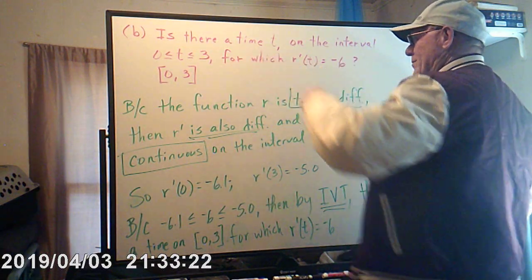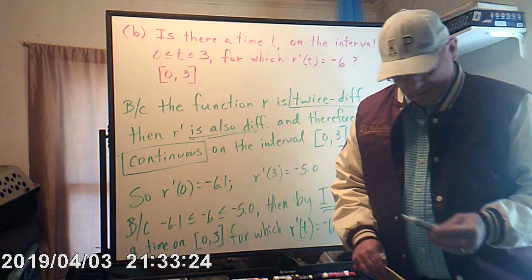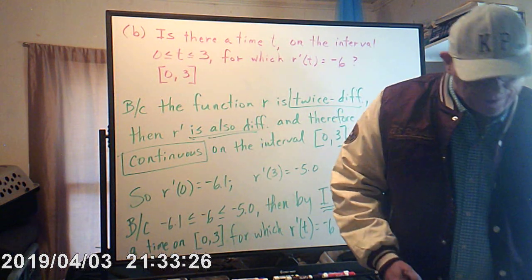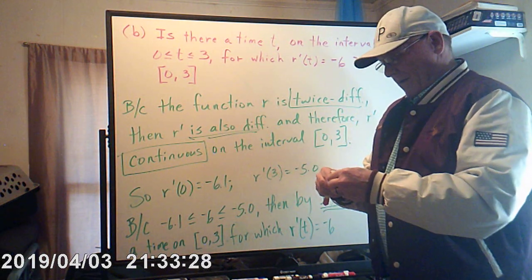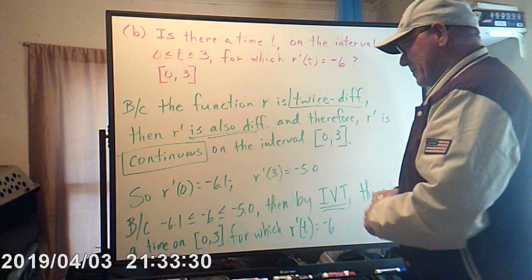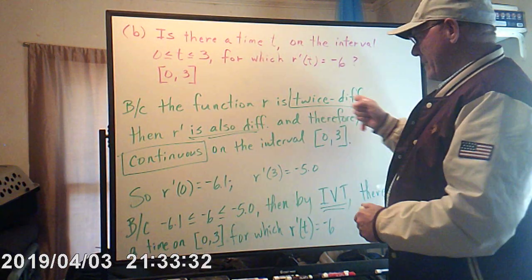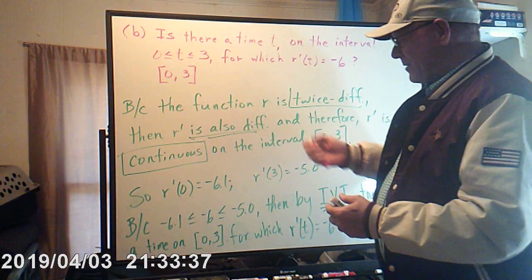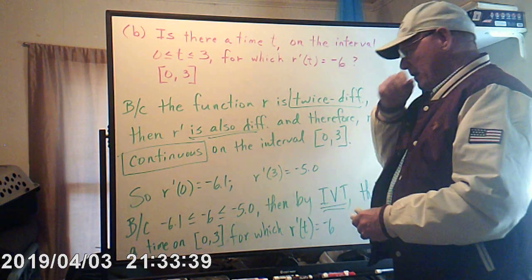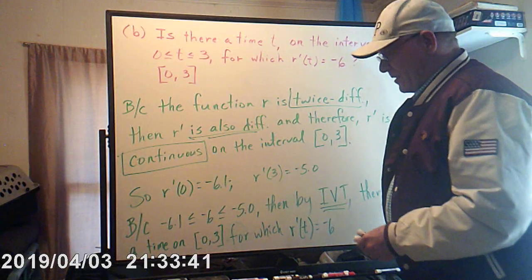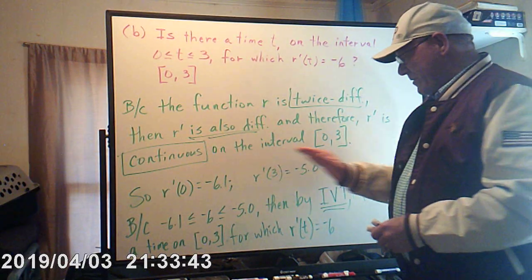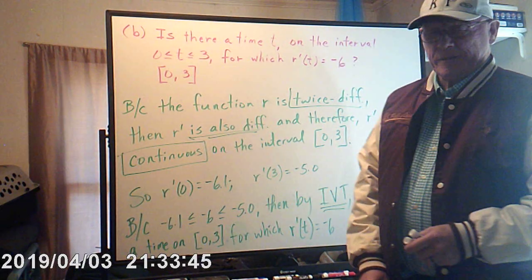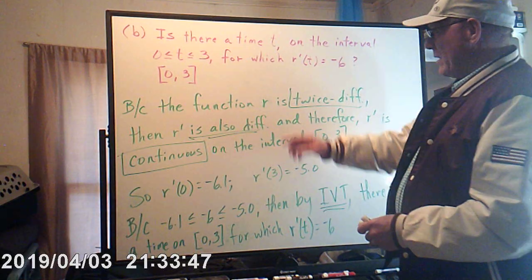Somewhere on this interval. Now it's got to be continuous. So what gives that away? It's twice differentiable. If it's twice differentiable, not only is R differentiable, but R prime is also differentiable. And if R prime is differentiable, then R prime is continuous on this interval, as we are looking at R prime.